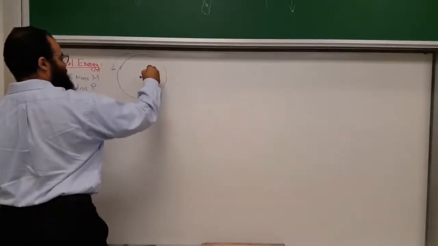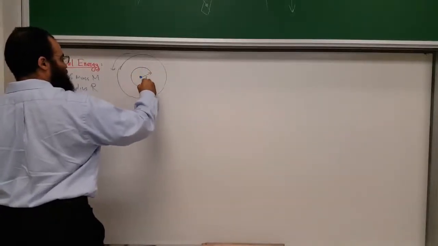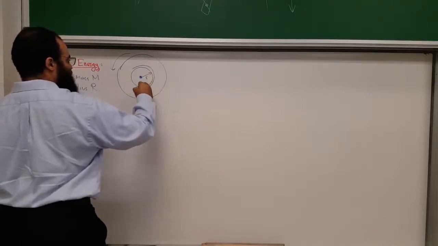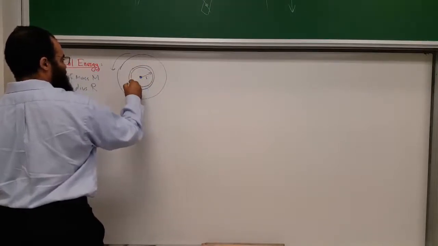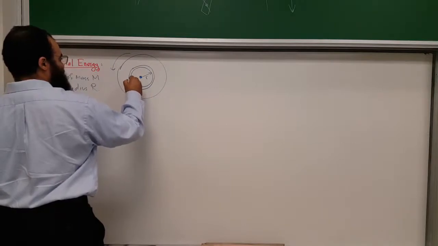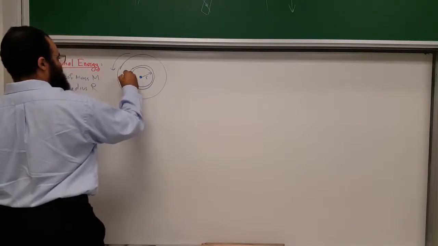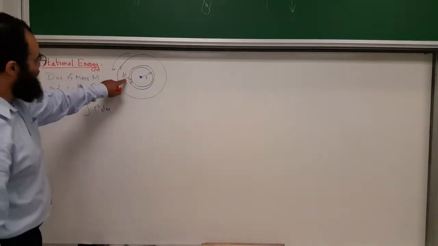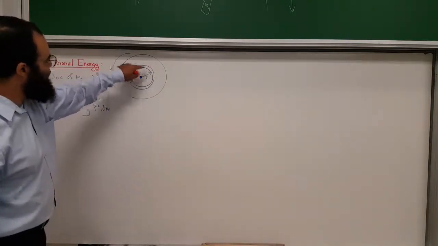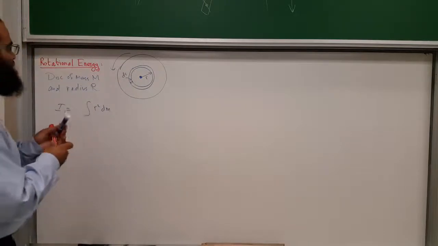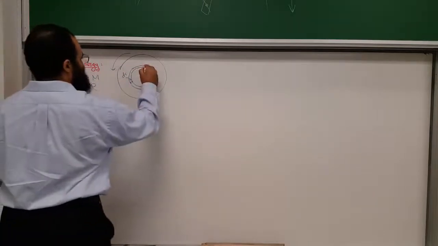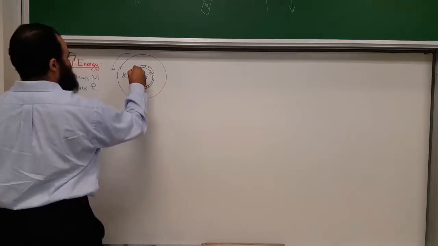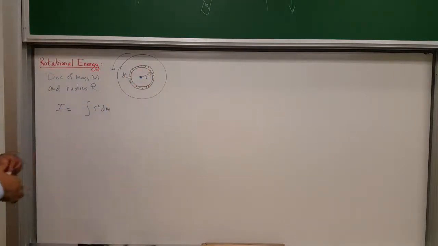And I'm going to take a ring of thickness dr. So this whole ring is like our hoop, and it has a thickness dr, and the question is, how much mass is located within this ring? What's the area of this ring?